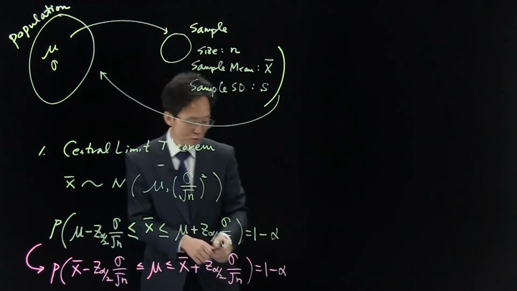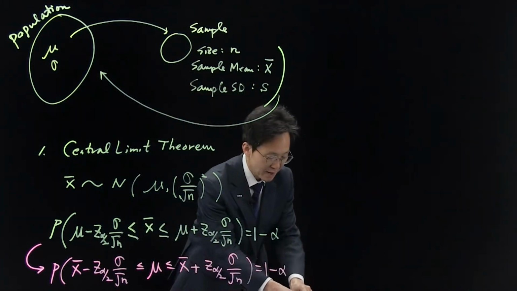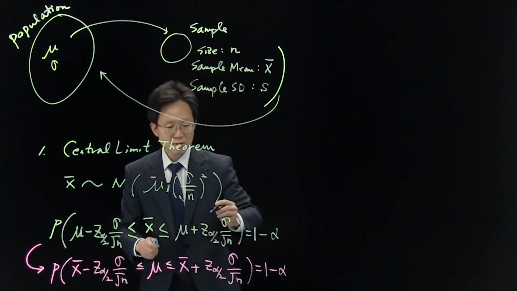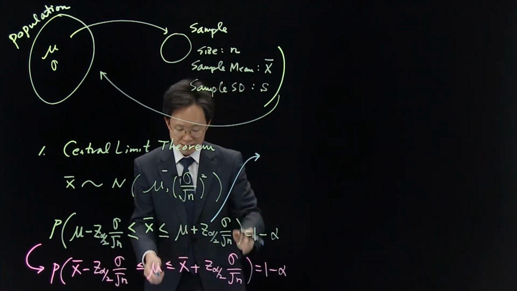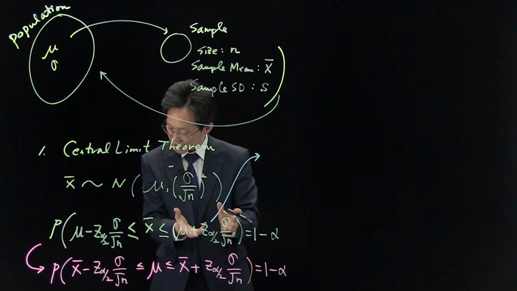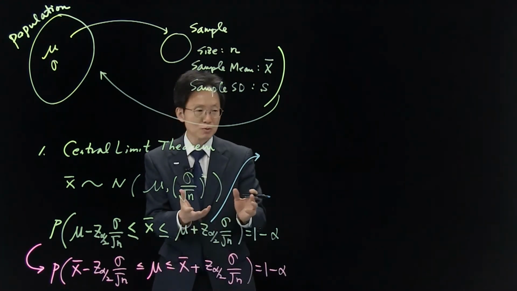And we already know that if a variable follows normal distribution, we actually know how we can get z values. Well, actually it is already well known.